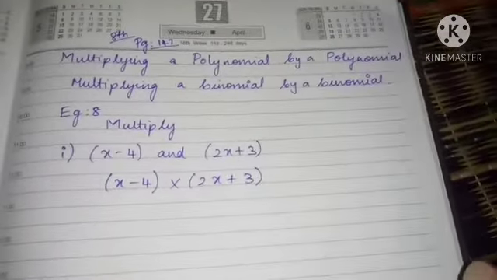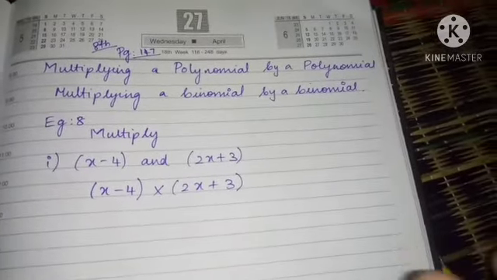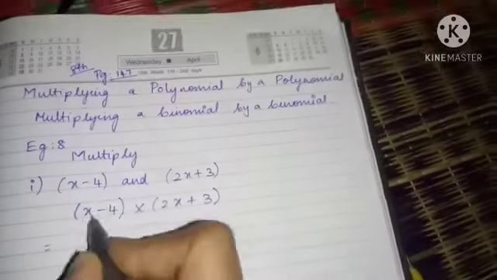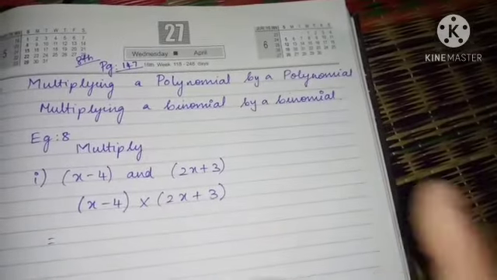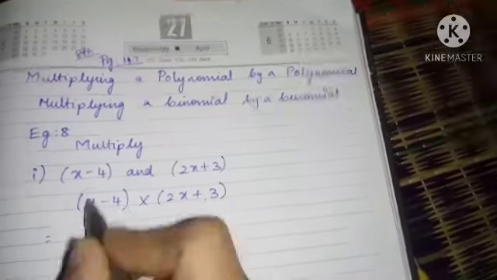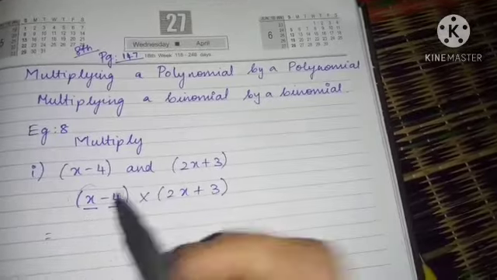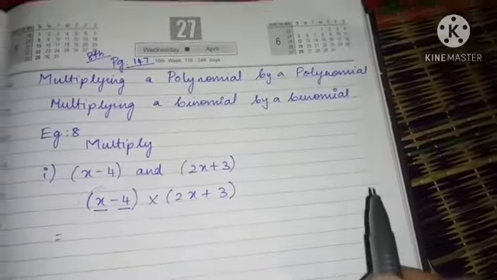See, when you're multiplying a binomial by a binomial, you should multiply with the single terms. So first you will take this expression x minus 4. In that we have two terms, correct? x is one term, minus 4 is one term, right?